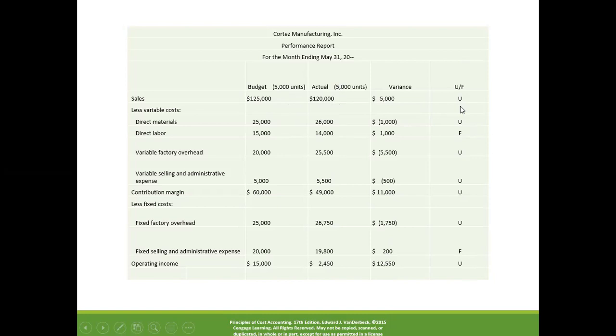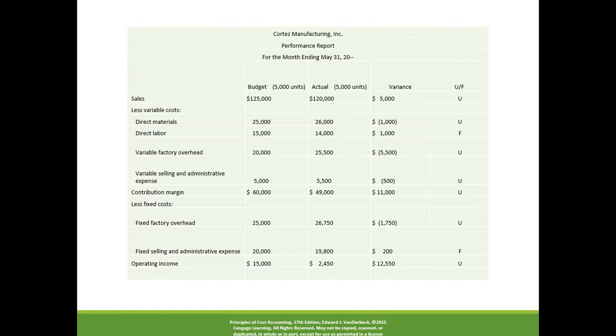Just like if we think we're going to get paid 125 bucks and we only get paid 120, that's an unfavorable variance. Direct materials, we budgeted 25,000. We actually had 26,000. That's a $1,000 difference, or variance, and again, that's unfavorable.